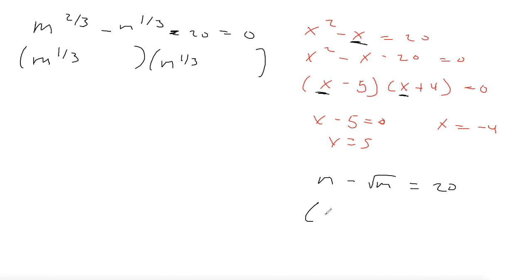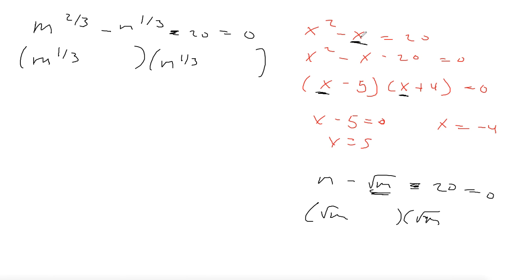If I had this, I would split it up to root m, because that's what's in the middle. If this was 2/5 and this was 4/5, it would be m to the 2/5, m to the 2/5, because 2/5 plus 2/5 would make that 4/5. So whatever's there, that's the key. That's telling you how to get it started for the factoring.